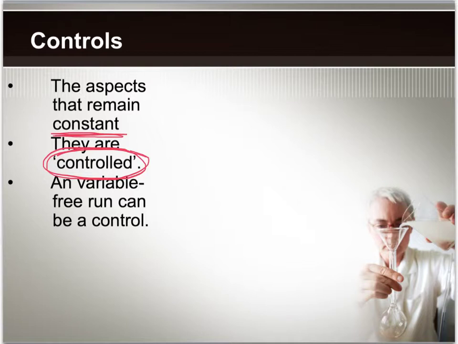The other thing that can be a control would be a variable-free run, as I've said here. The option to have a control in an experiment is usually where you are combining all of the reagents apart from the thing that you are varying, apart from your variable.